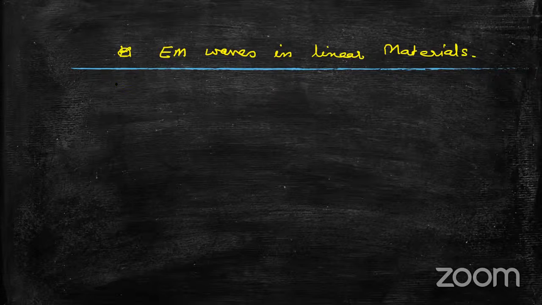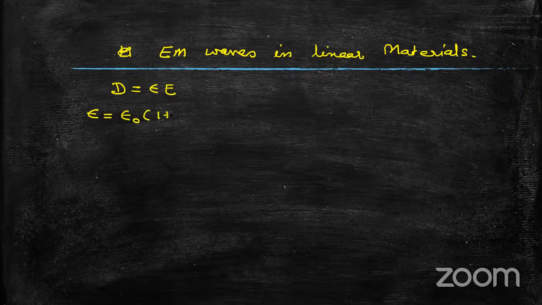What is that? Do you remember this relationship? We calculated this relationship. And what is epsilon? Epsilon is epsilon naught times 1 plus chi e, sorry, my mistake.